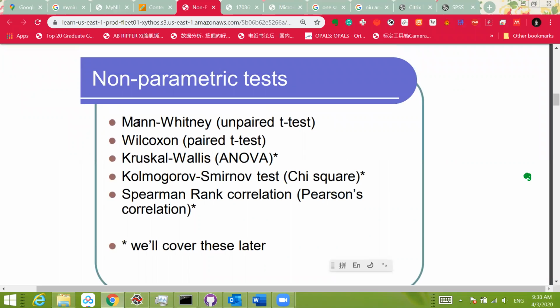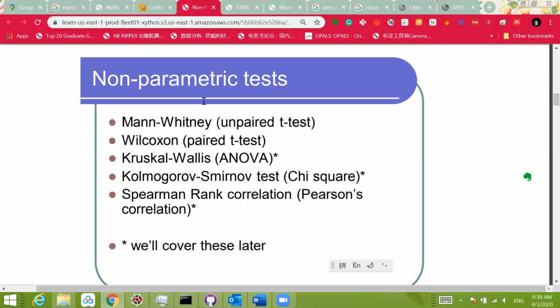In the lecture, we can obviously see the Mann-Whitney test is corresponding to the unpaired t-test, and the Wilcoxon test is corresponding to the paired t-test. I think you already know the difference between the paired test and the unpaired test. So what is the meaning of these two?